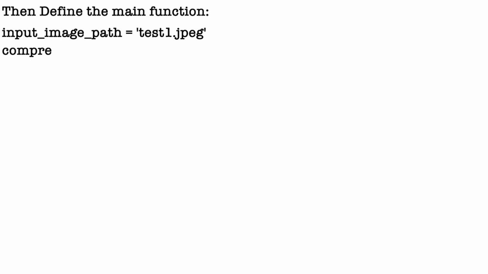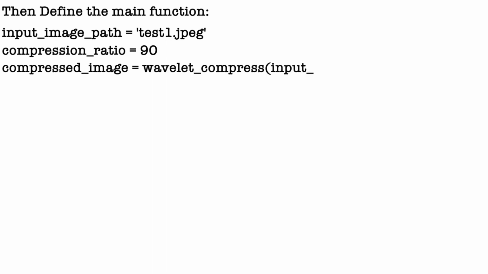Then we define the main function. This main function has some parameters. First, the input image path, which in this case is test1.jpeg. We set the compression ratio to 90, and compressed_image equal to wavelet_compress_image(input_image_path, compression_ratio).